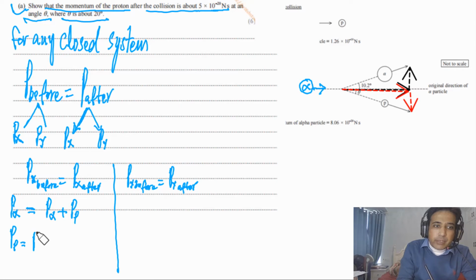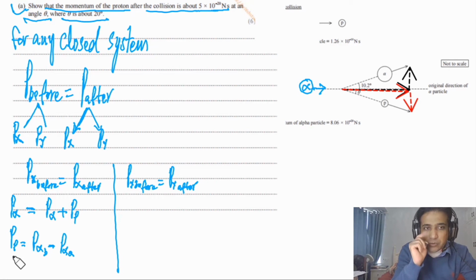It has to be equal to momentum of alpha particle before, minus momentum of alpha particle after. Now simply we need to plug in values here.